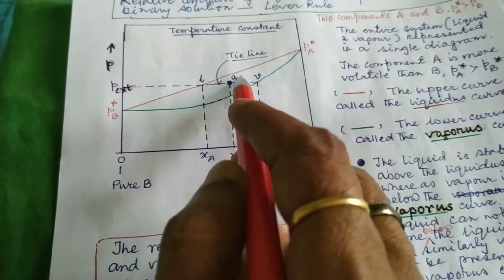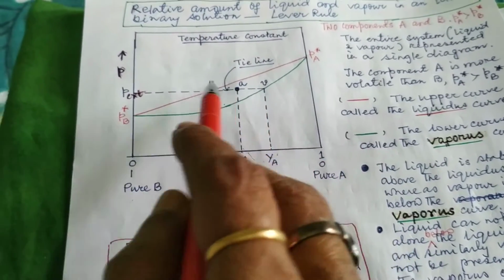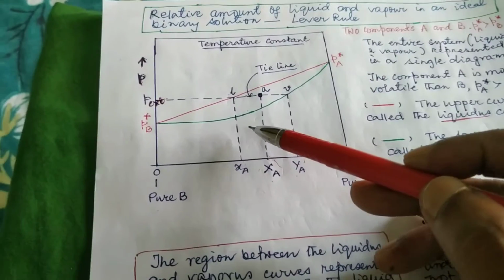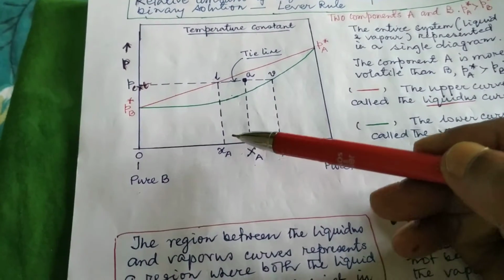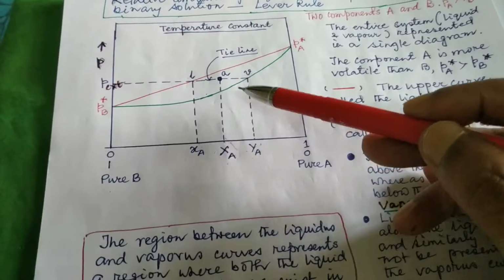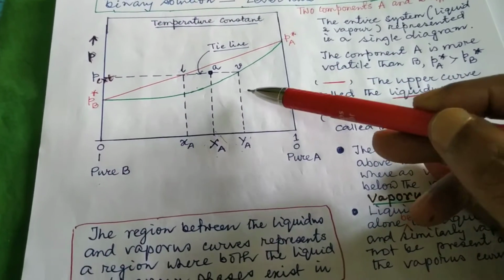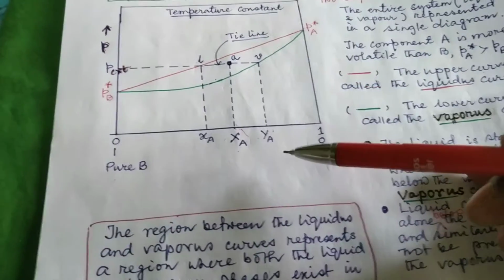So this yields the values of Xa and Ya. What are Xa and Ya? These are the mole fractions of the component A in the liquid and vapor phase respectively.